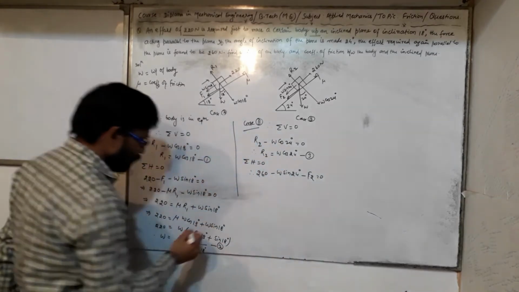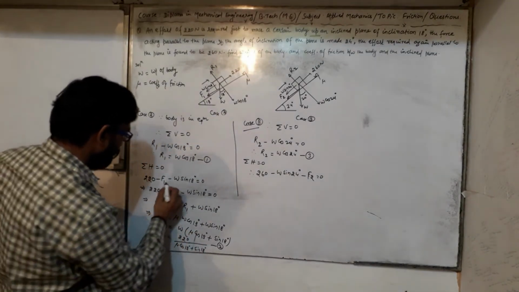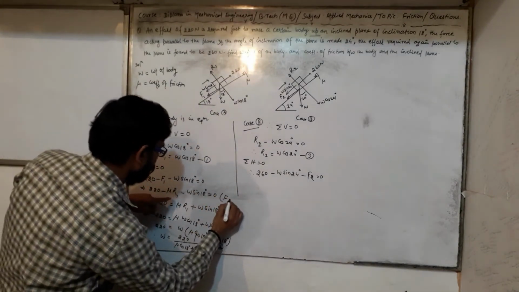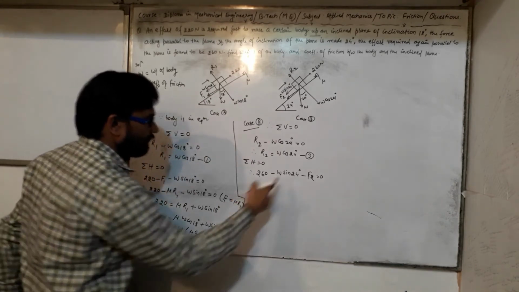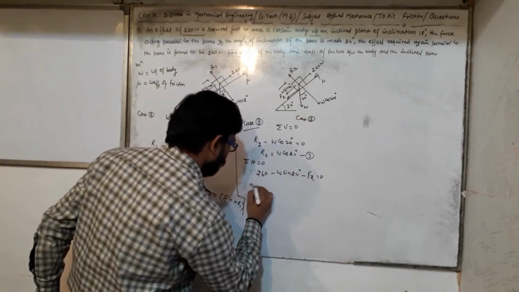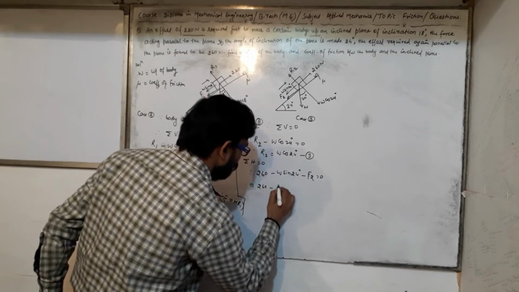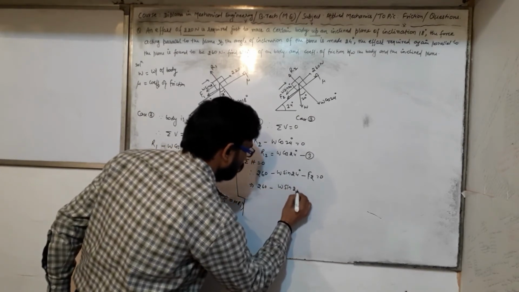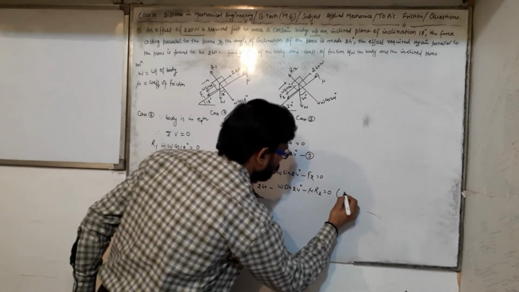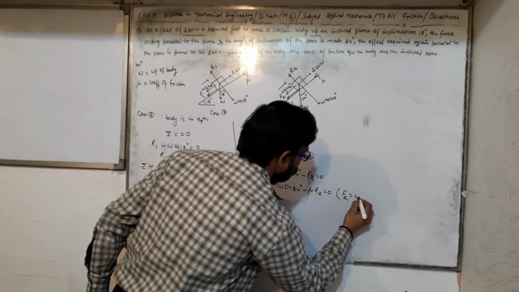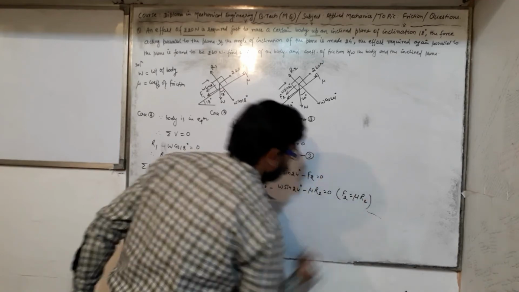We can put the value: since F is nothing but mu times the normal reaction, we can say 260 minus W sin 24 degree minus mu times R2 equals 0, since F2 is nothing but mu times R2.